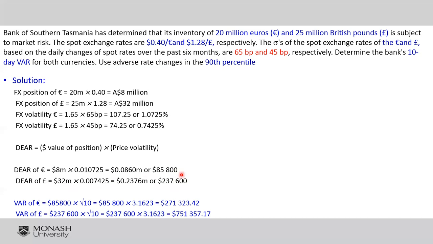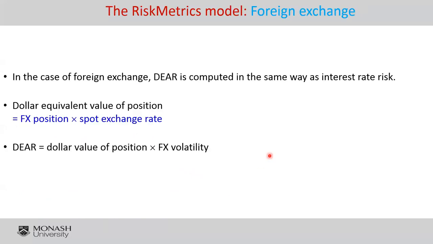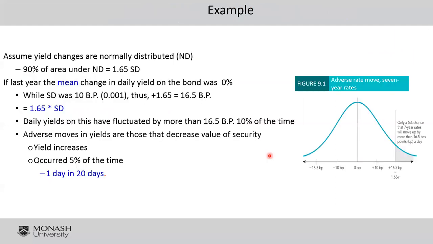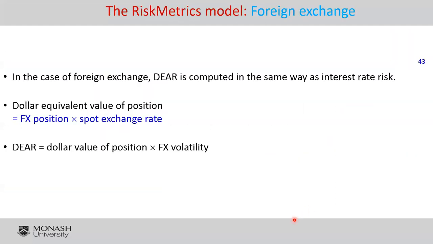So this is the DER. This is in 1 day. According to this calculation and according to the change in the historical exchange rate, and the Z value under the 90%, we didn't do anything. We just calculate under the 90% how much the change will be, as I told you, in this area, under the 1.65.